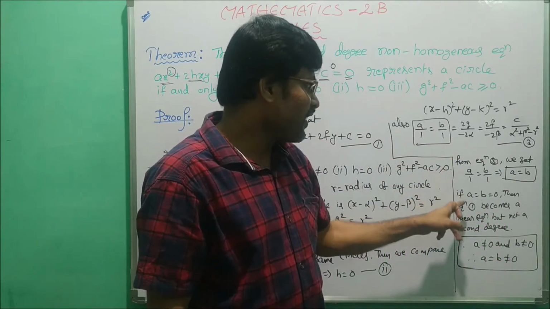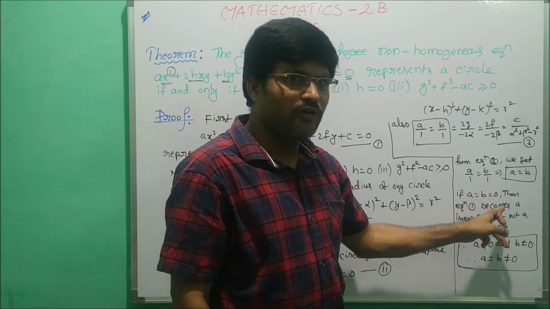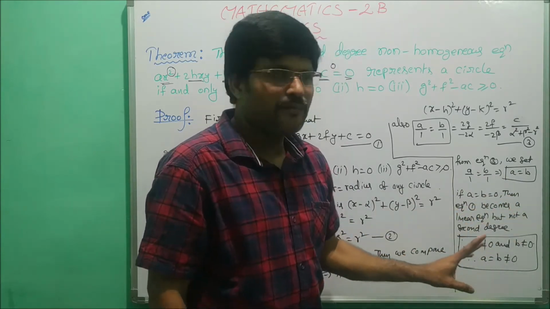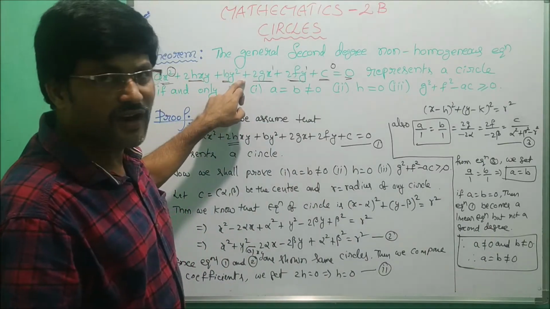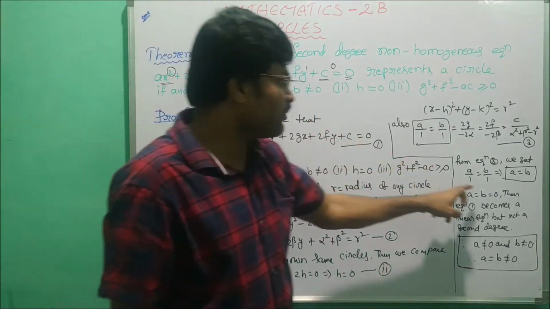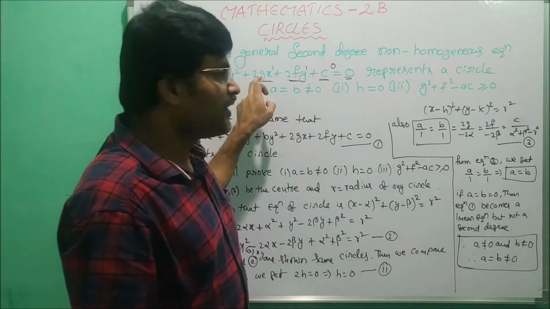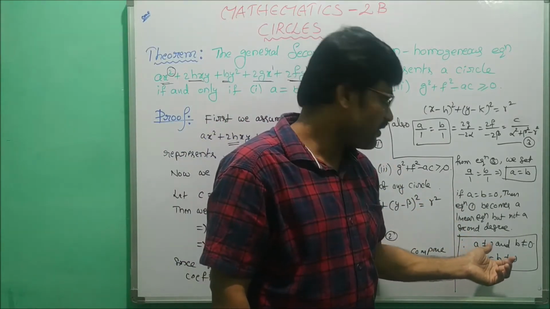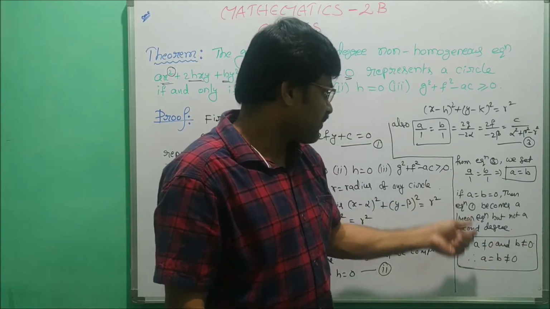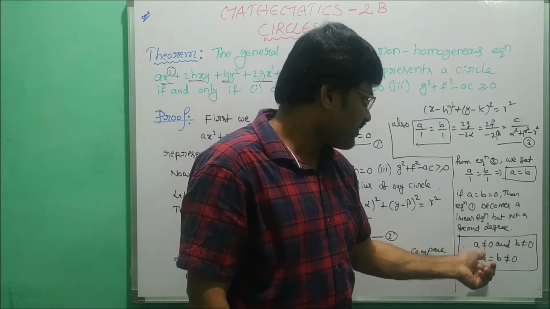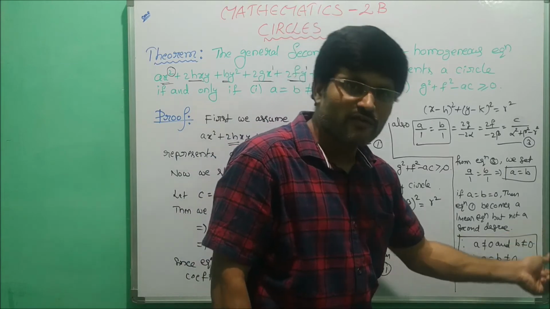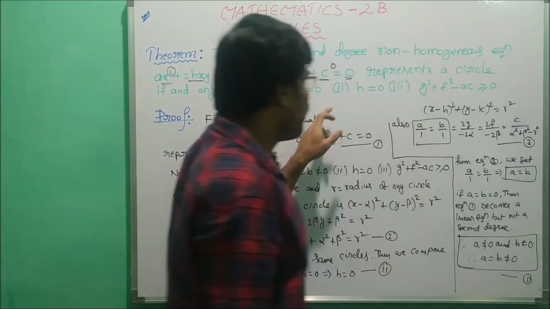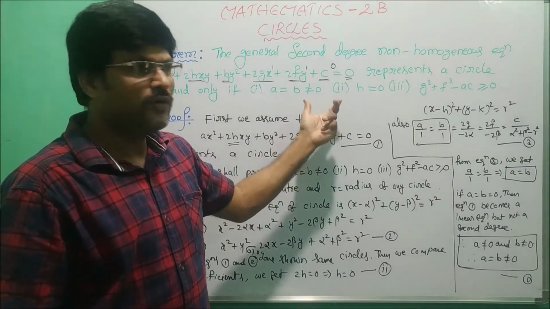And if these values equal 0, then equation 1 becomes a linear equation but not second degree, because the given equation is always a second degree equation. Therefore we take a is not equal to 0 and b is not equal to 0. From both these two conditions, a equals b, which is not equal to 0, which is the condition 1. Already two conditions proved here.